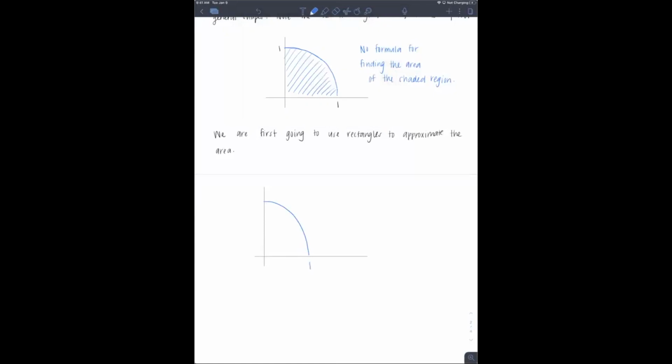So if this is 1, then 1/2 is like there. And so I put the dot here, 1/2, 3/4. Here's one rectangle. Here's another rectangle. There we go. Okay, now that we've drawn the picture.